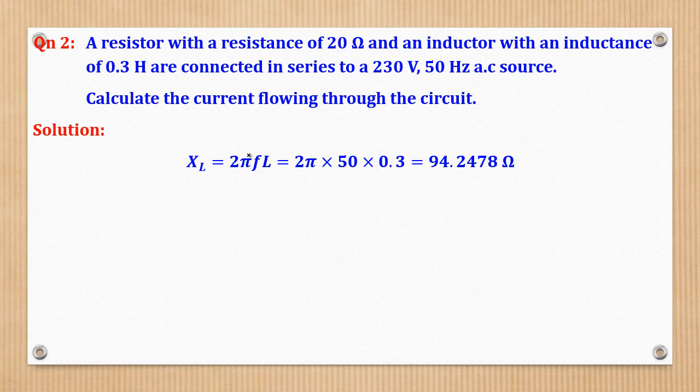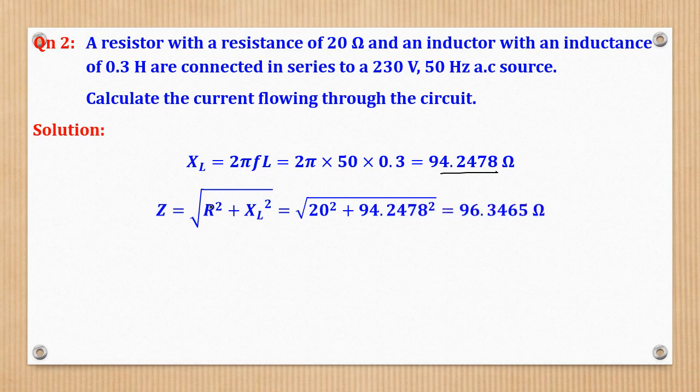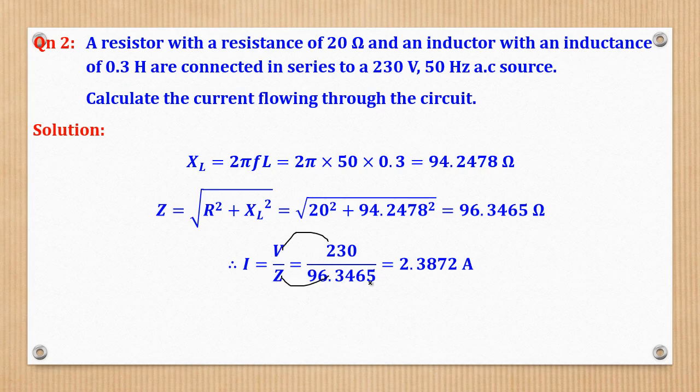First get the inductive reactance from 2 pi FL, then get the impedance from the square root of R squared plus XL squared to give you this. Then after that, I remember that total PD is equal to IZ. So I will be equal to V over Z, where V is here and impedance is here, to give you the current they want.